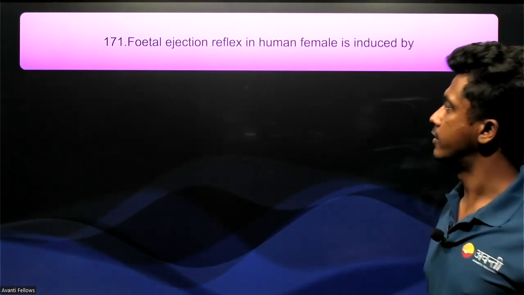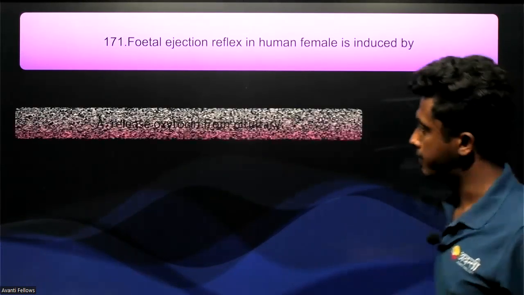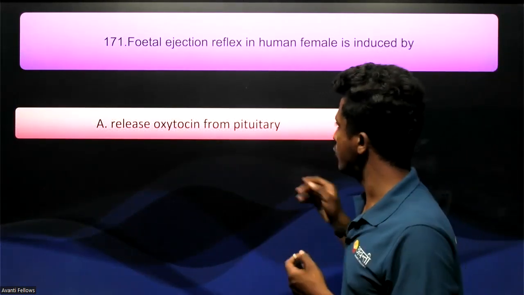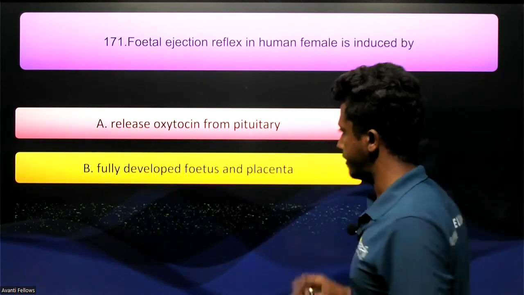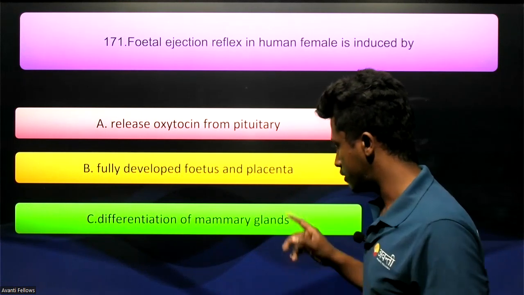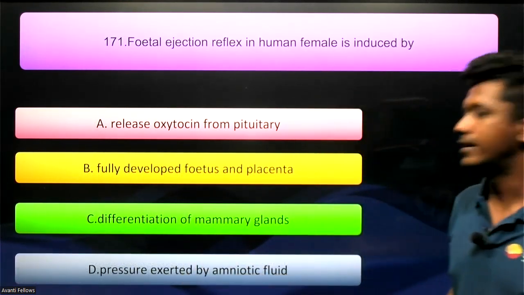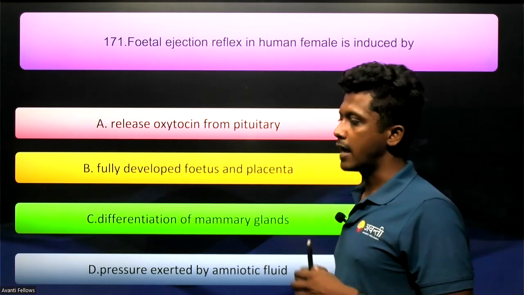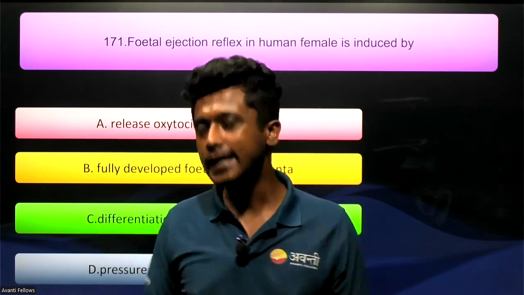Our next question is, fetal ejection reflex in human female is induced by release of oxytocin from pituitary. The next options are fully developed fetus and placenta, differentiation of mammary glands, and finally pressure exerted by the amniotic fluid. The fetal ejection reflex occurs when a fetus is completely developed.